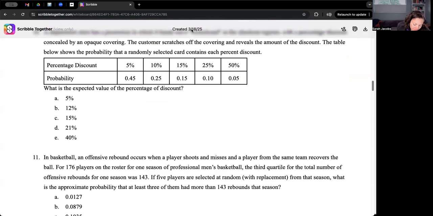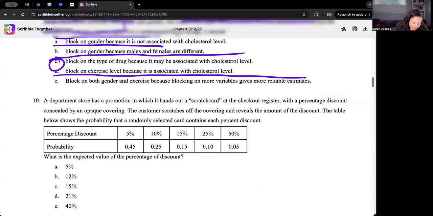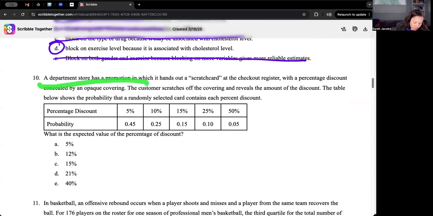Okay. 10. A department store has a promotion in which it hands out a scratch card at the checkout register with a percentage discount concealed by an opaque covering.